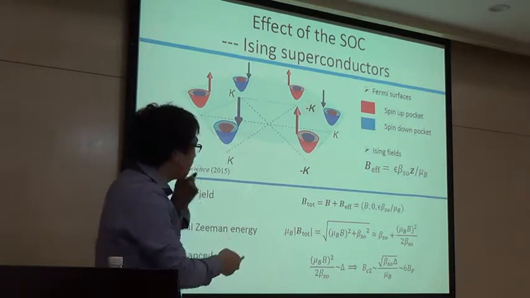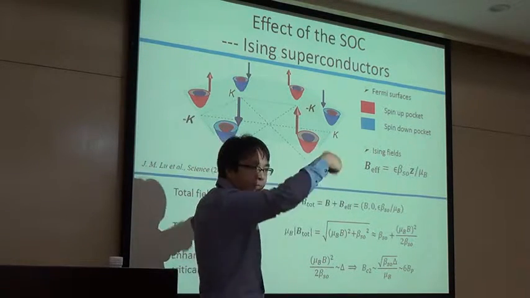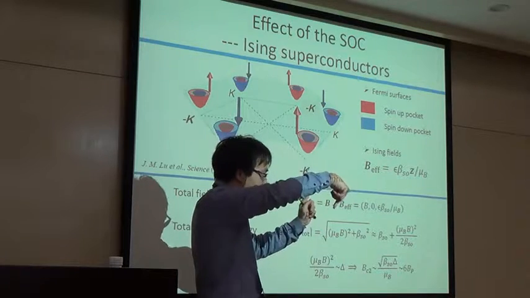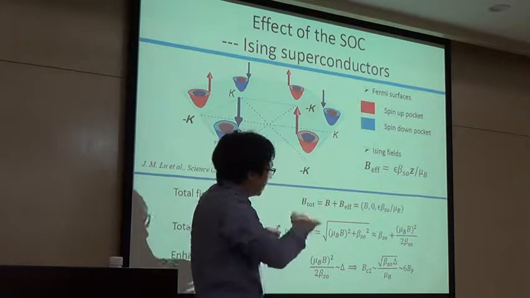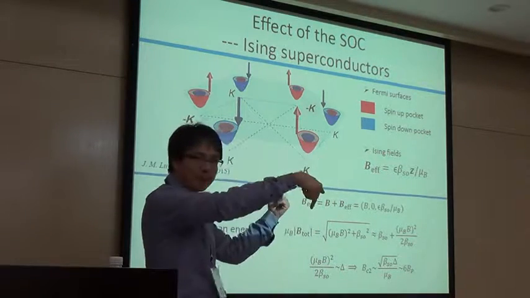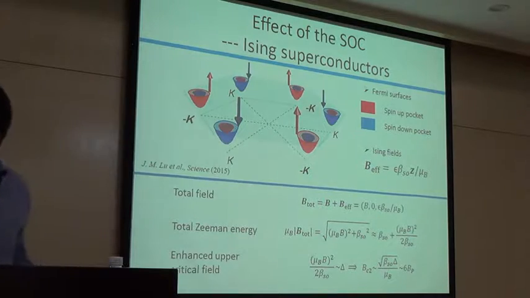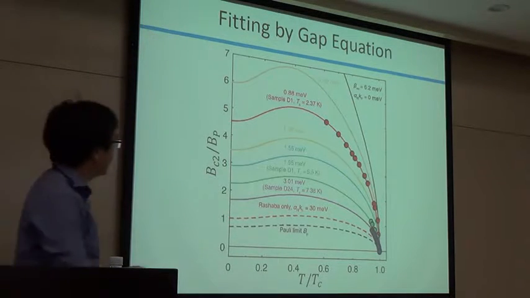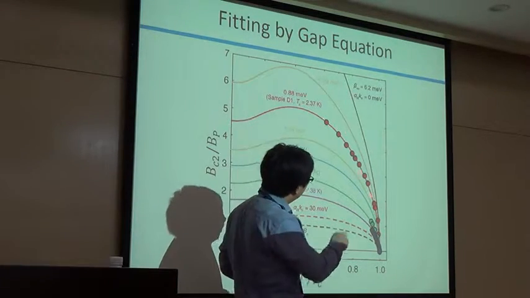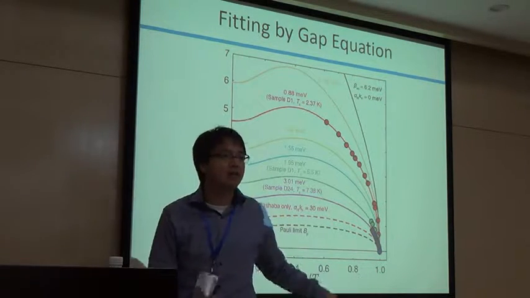Because of this internal pinning of spin up and down, it's very hard for an in-plane field to cue it, because they are already pinned by the spin-orbit coupling. You calculate that, and that is our theoretical fitting to the data. It's basically a perfect fit.